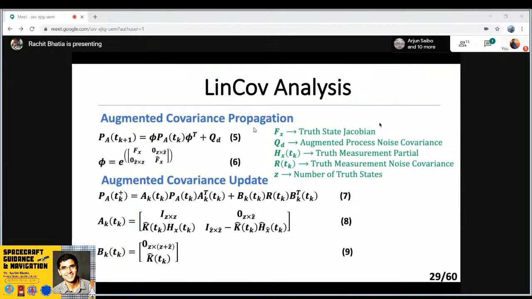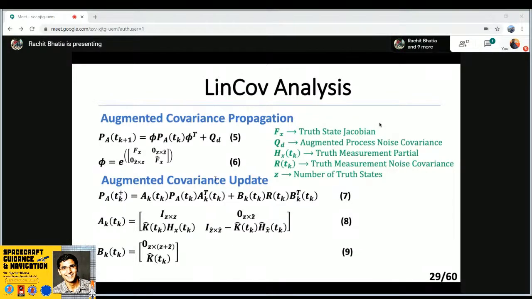You can also do Monte Carlo analysis for this. However, Monte Carlo becomes very complicated: it takes more computational resources, and you have to run it for hundreds or thousands of runs. But linear covariance analysis is an easier way to get a representation of the same solution.